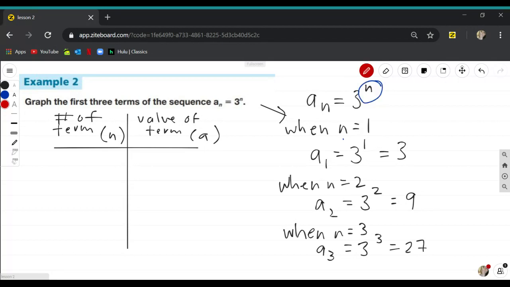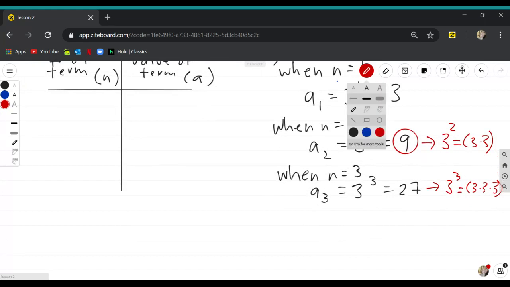If you guys don't know what I'm doing, the reason why this is 9 is because 3 squared is the same thing as saying 3 times 3. So then 3 cubed is the same thing as saying 3 times 3 times 3.